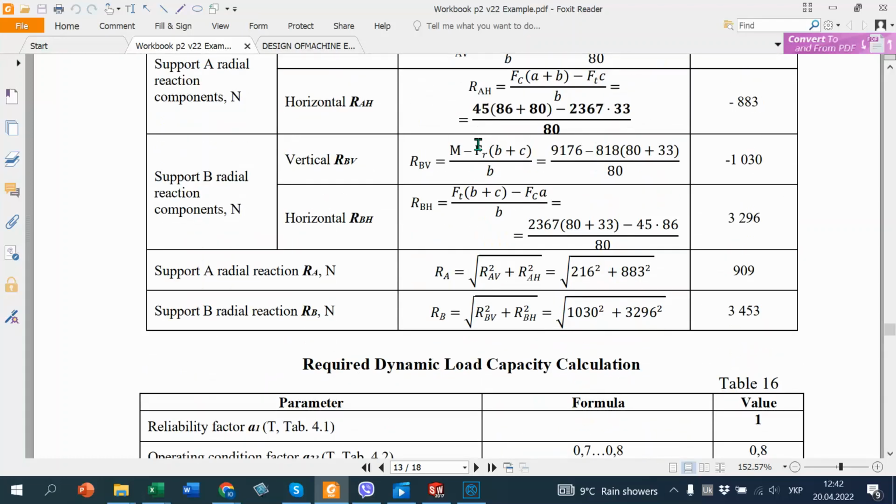It is not radial force, it is radial load. Because in this calculation we use both radial load and radial force.